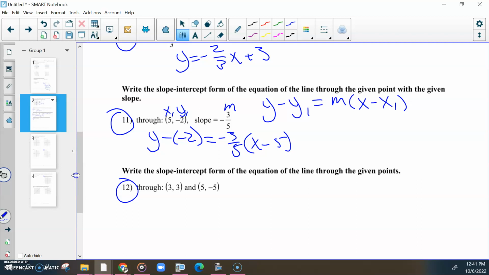Combine your negatives to make a plus on the left. x plus 3. You can do this in the calculator or by hand, either or. And then get y by itself by subtracting both sides, right? So y equals -3/5x plus 1.